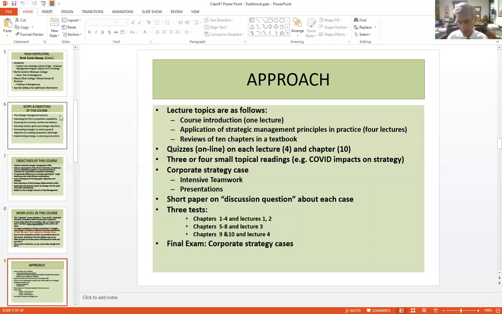Now, in addition, I'm going to try to fold in a few, not many, short readings on the coronavirus and what its impact has been on management and the conduct of management, and that external environment that the firm's trying to do business in.